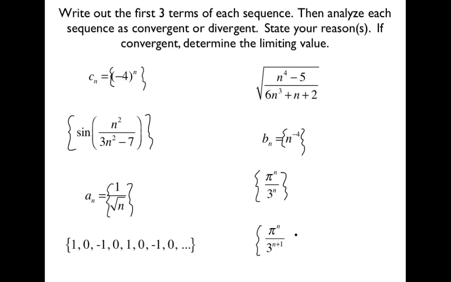Maybe you don't have to do this on all of them, but at least on some of them, practice writing out the first three terms. So that we remember that what we're looking at is a list of values. That list goes on forever as n just continues to march along. We just want to keep that in mind, that when we look at one of these, we're looking at an infinite list of values.